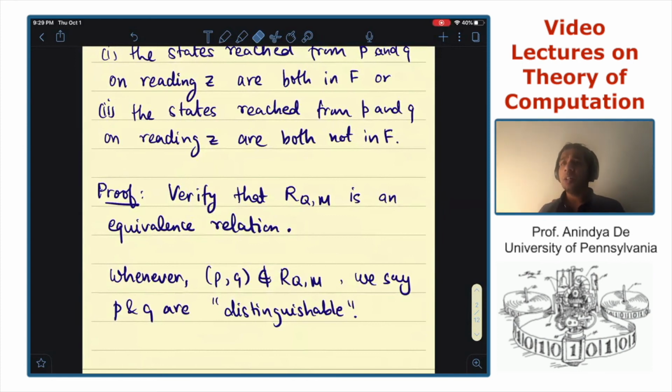You should also recall that in the previous video, we gave a definition for distinguishing two strings with respect to a language L. We said two strings x and y are distinguishable with respect to L if there exists a choice of z such that when you append z at the end of both of them, one is in the language and the other is not. This is a definition of distinguishability with respect to states and not strings. Whether we are talking about states or strings will be clear from the context.